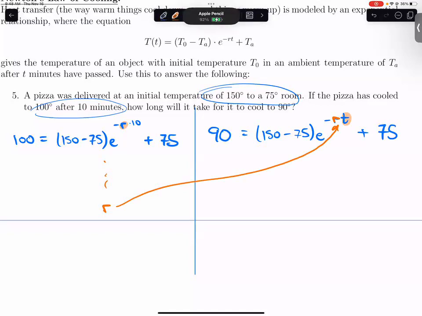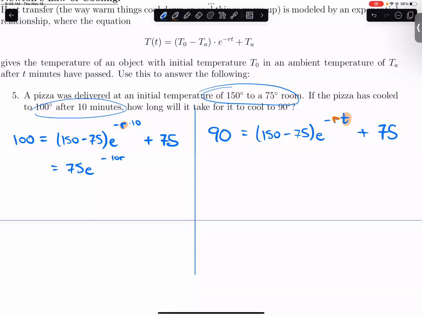Now, look at what you're going to have to do to actually solve those. 150 minus 75, go ahead and combine those. Subtract the 75 over. So this is 75 e to the negative 10r.